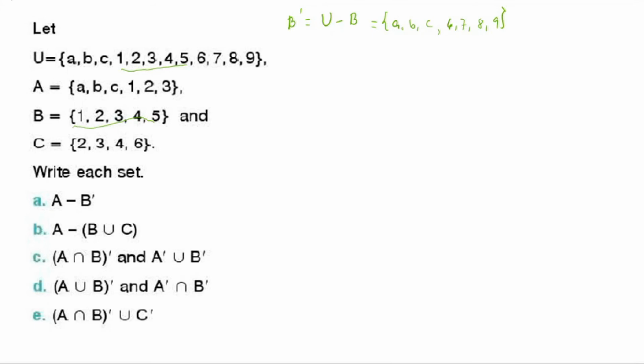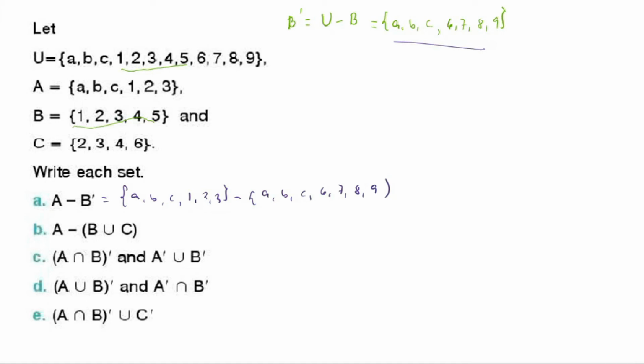So therefore, I will write here now A difference B complement. Our A is A, B, C, then 1, 2, 3. So B complement is this one, whose elements are A, B, C, 6, 7, 8, 9.